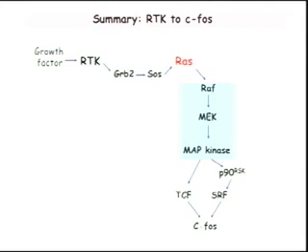And RAS activates the MAP kinase cascade that I highlight in the shade, RAF, MEK, and MAP kinase. And MAP kinase eventually phosphorylates and activates transcription factors to allow early response gene transcription and allow the cells to be prepared to go into the cell cycle.